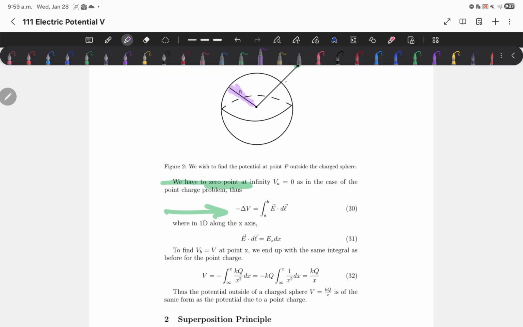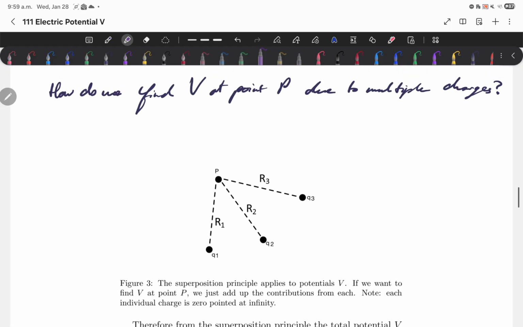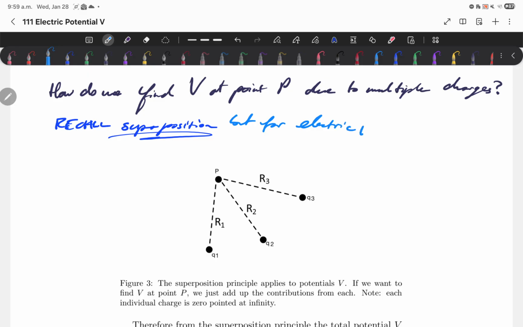Okay, so now we have more than one point charge. How are we going to find the total potential at some point? I've kind of spoiled it here, my bad, on the slide. Superposition. Exact same thing as before. The superposition principle works. If we find the potential due to a charge, 0 pointed at infinity, and we keep adding more charges, the total potential at a point is just the sum of all those contributions.